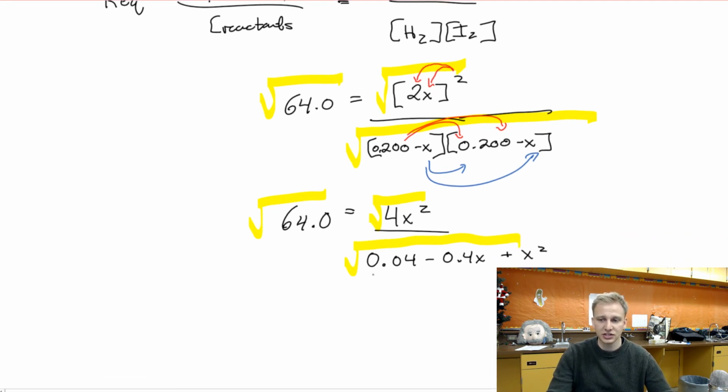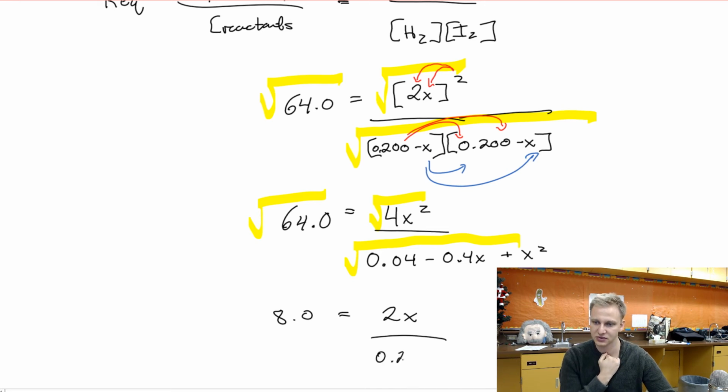And so we can actually just take the square root of each of those expressions and end up with a much simpler formula. And what we end up with here is the 64.0. Square root of that is 8, as we talked about. So 8.0 is equal to 2x, and we will divide that by 0.200 minus x.